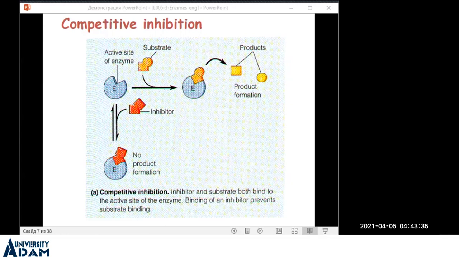It will be the situation when in the solution the enzyme will more often meet the inhibitor than meet the substrate.